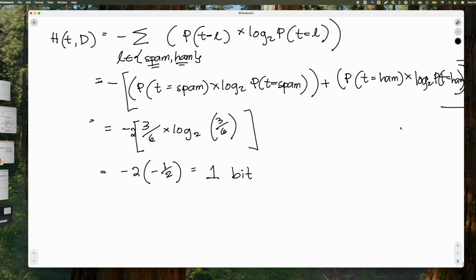Now step 2, so we will note this as entropy is equal to 1 bit. Now what we will need to solve next is the remainder.